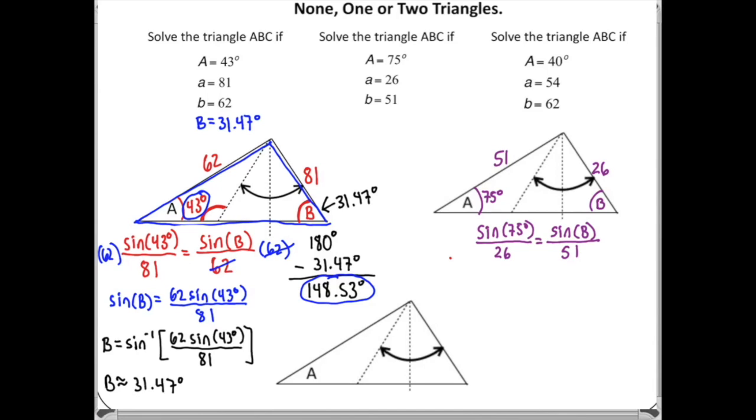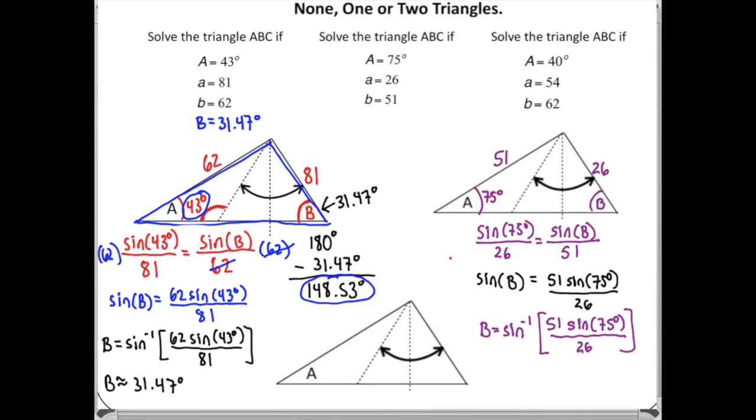Okay, so the law of sines is all set up, and then multiplying through by 51, we're going to get this guy, and then we're going to have to take the inverse sine of both sides to get angle B, which is going to give us, oh no, it looks like we're going to get a domain error, okay?